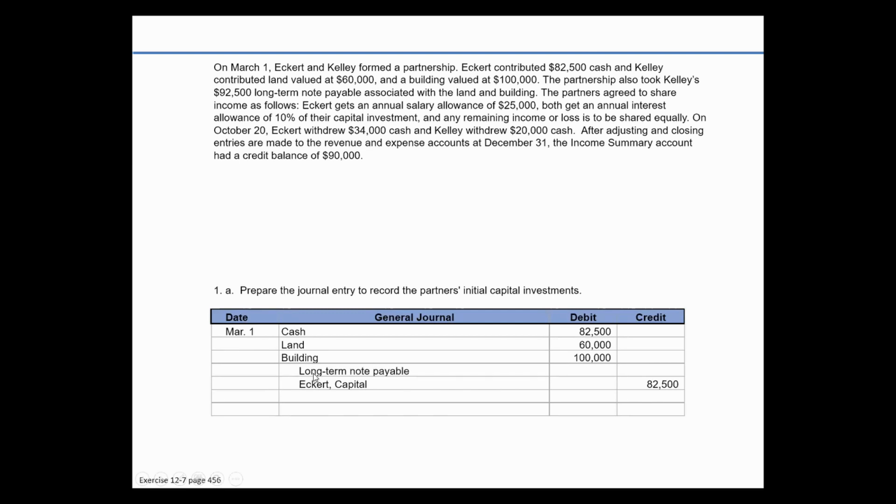But then we also have to credit the amount of the long-term note payable, more than likely in the form of a mortgage, and $92,500 is owed on that still for the land and the property. So then Kelly's investment is $67,500. So then we see here that Eckerd has a capital balance credit of $82,500, and Kelly has a capital balance credit of $67,500.